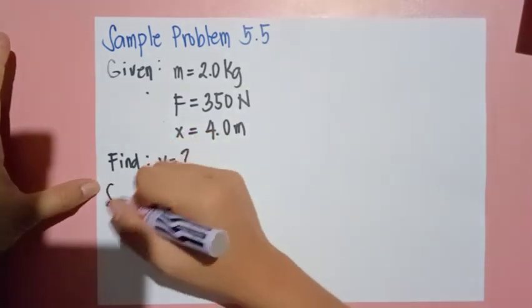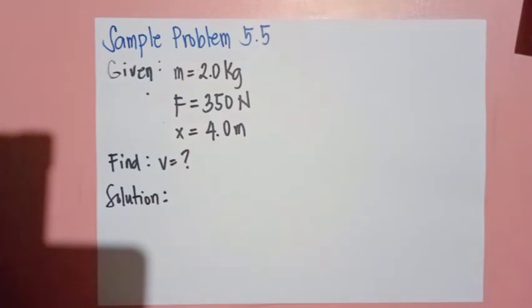Okay, so for the solution, we are going to solve first the work done, which is in equation W equals Fx, and then right after that we are going to deal with equation 5.7. So let's start.